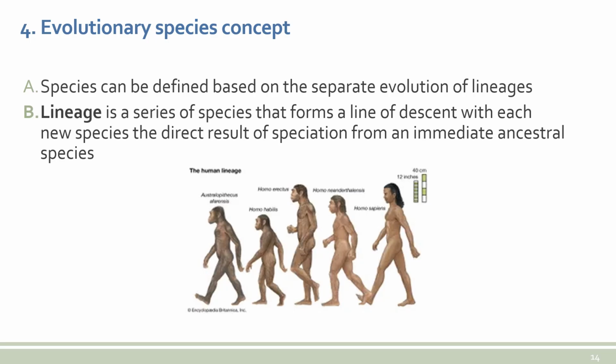Now, this one is really great for extinct species and fossils because we are looking for groups of organisms that are in a line of descent. And when a group or a species, because that's what we're talking about, is different from other organisms in its line of descent, we consider them their own species.